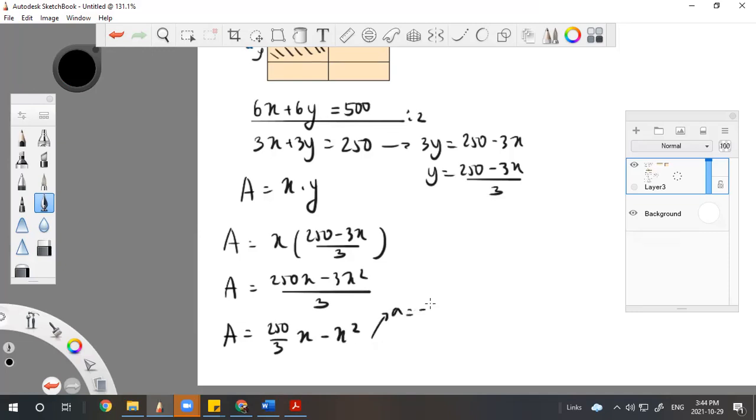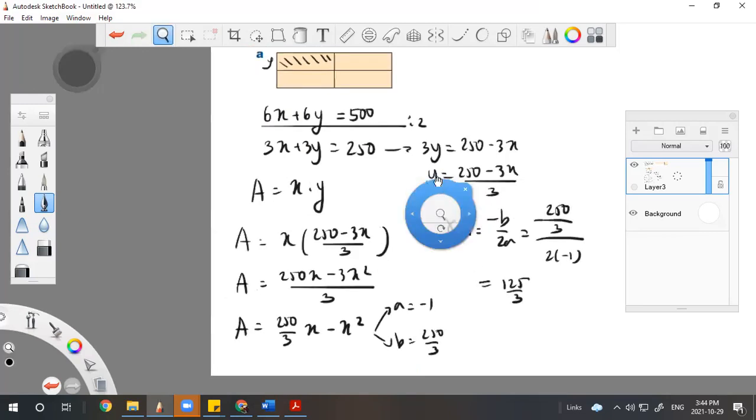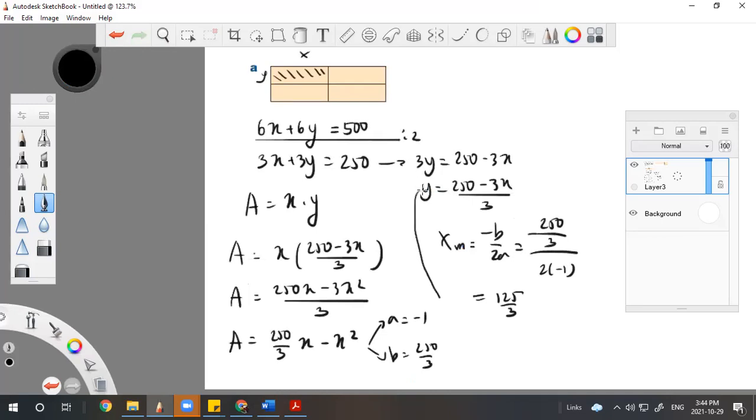And a is -1, b is 250 over 3. So we know x max is negative b over 2a, over 2 times -1. So 125 over 3. When x equals 125 over 3, the y will be put here.